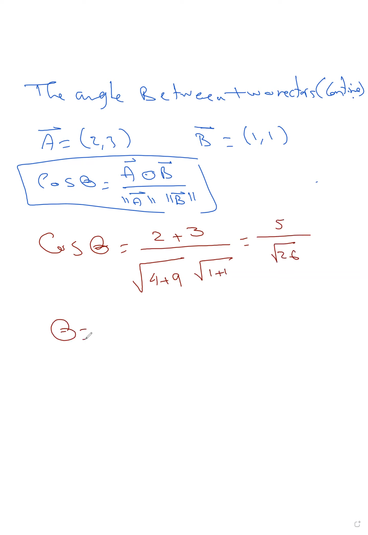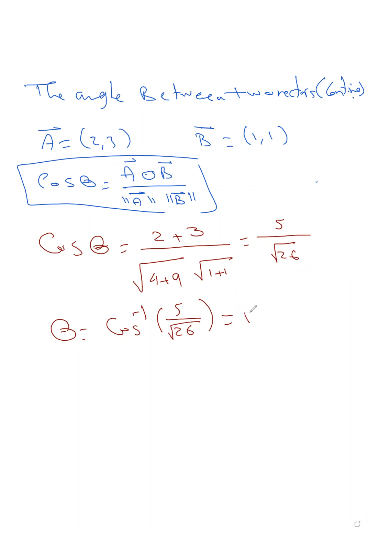يبقى الثيتا equals cosine power of negative 1 of 5 over root 26 يعني equals كام احسبها؟ Shift cosine 5 over root 26. كام طلعت؟ 11.31.